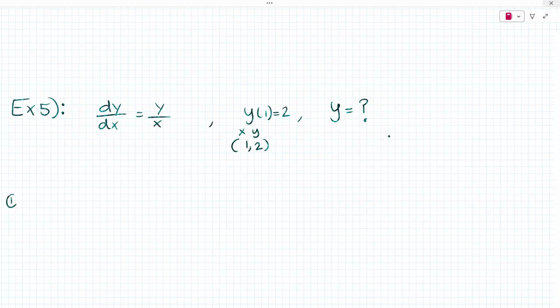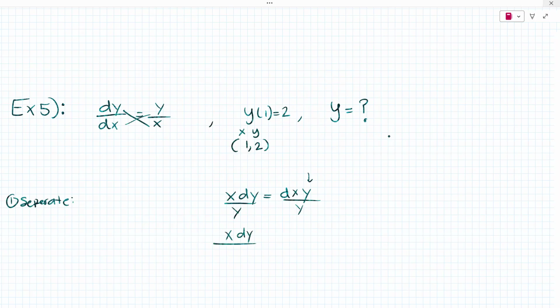So step 1, separate. Go ahead and cross multiply. So x times dy is x dy equals dx times y is y dx. We need to get all the y's on one side and all the x's on the other. So let's get rid of this y. I'm going to divide both sides by y. So now you get x dy over y equals dx.